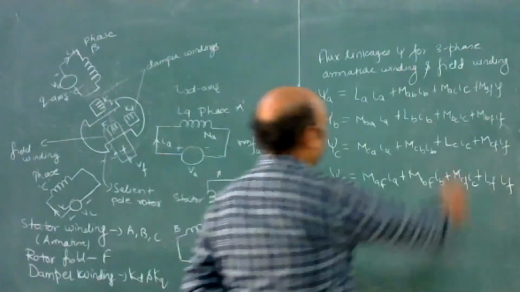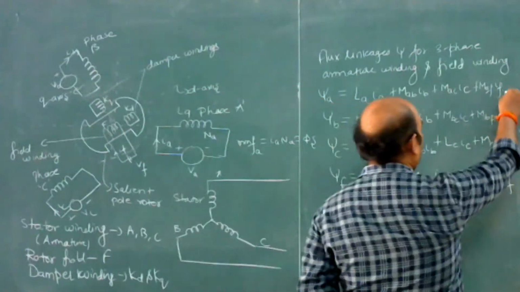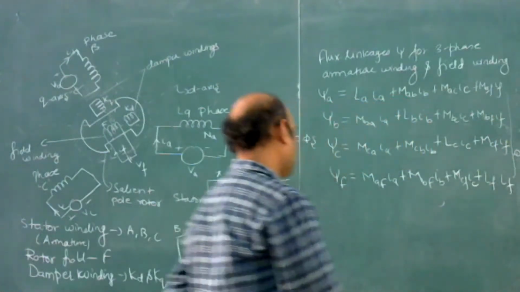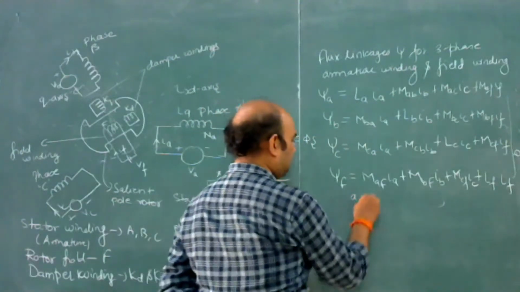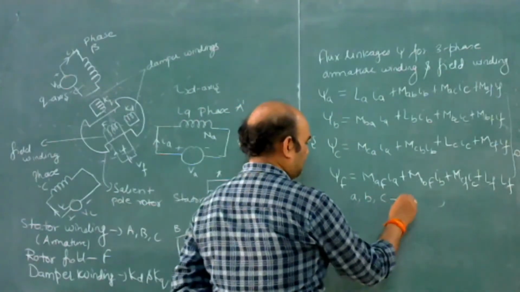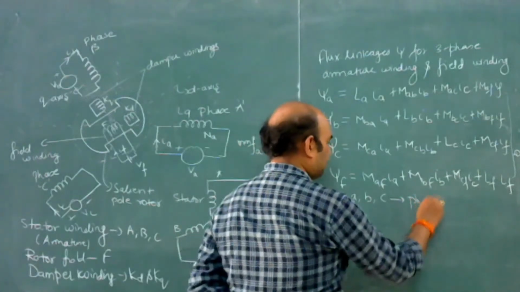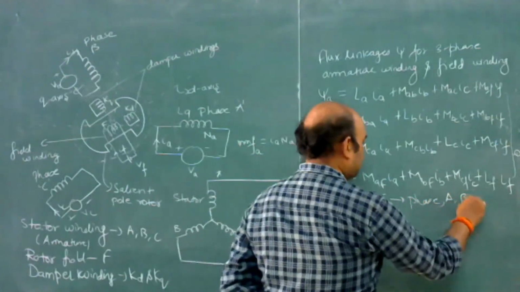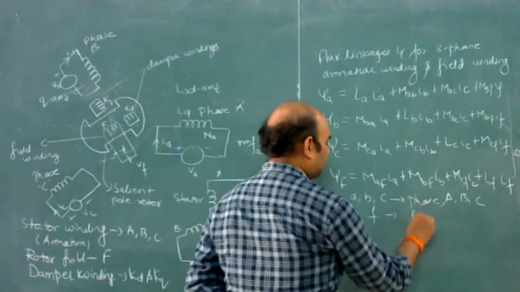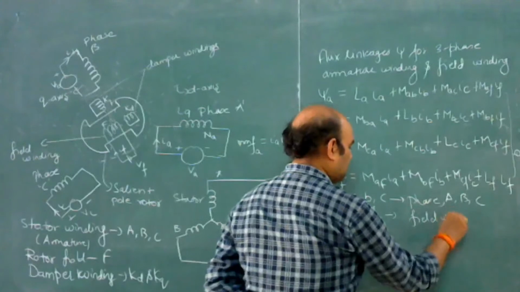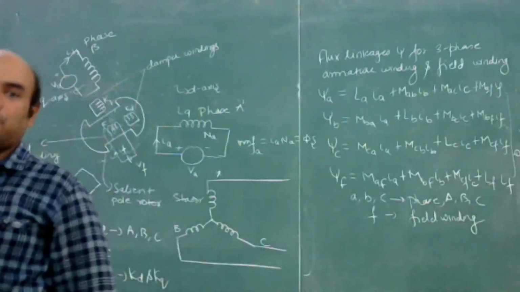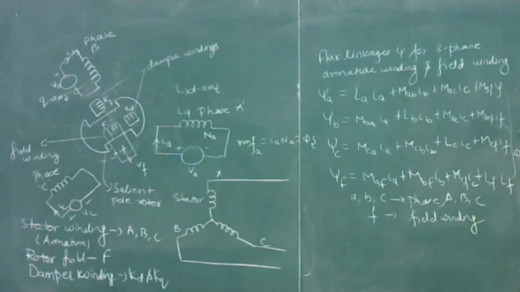Let this be equation number 1. Small a, b, c are used for phases A, B, and C, and F is used for the field winding.